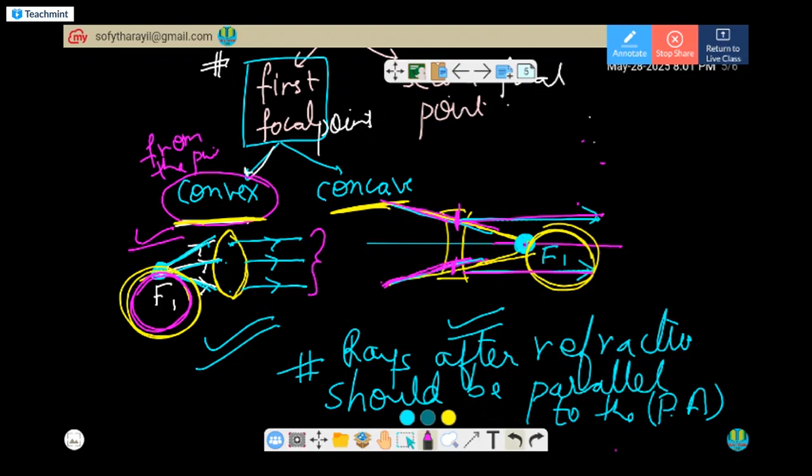Done writing and done with the diagram? So tell me, then we can move to the second focus point. Done writing?